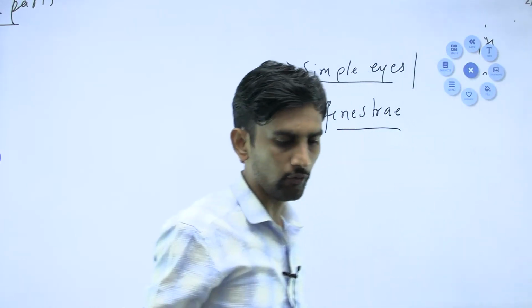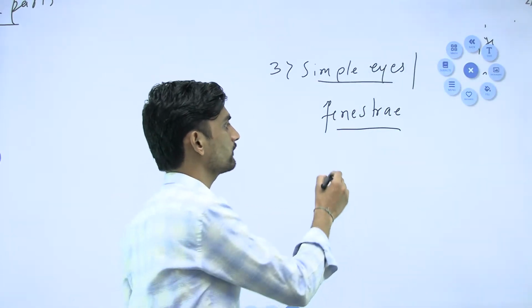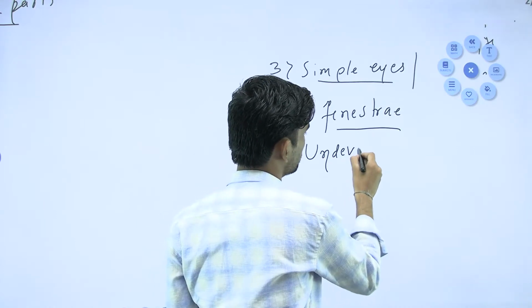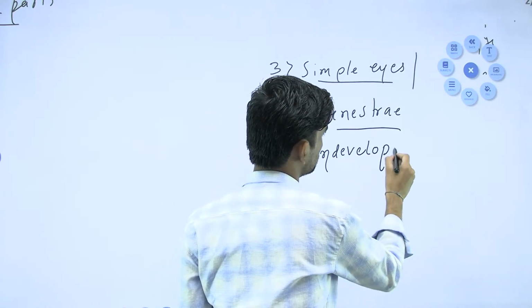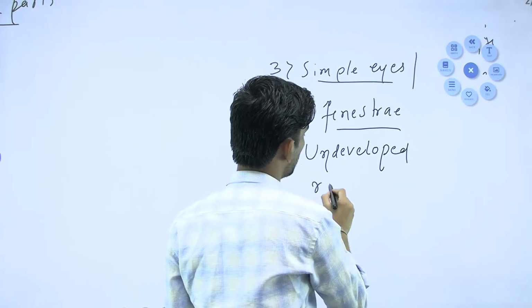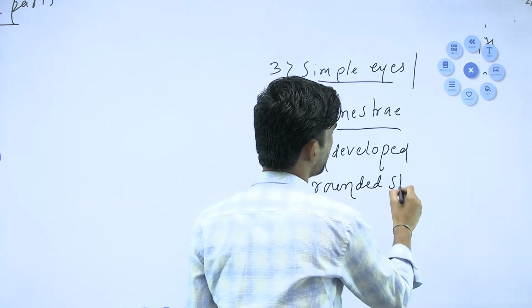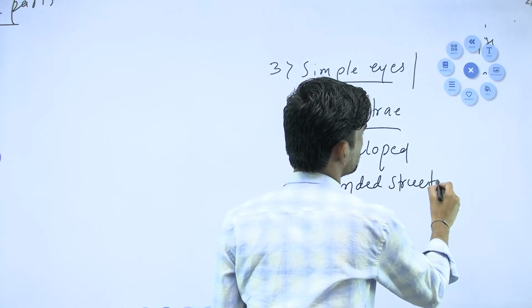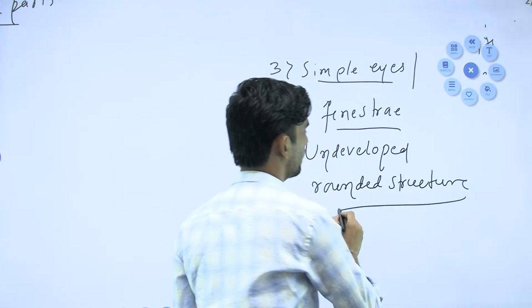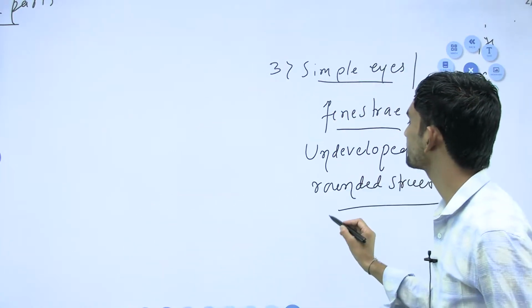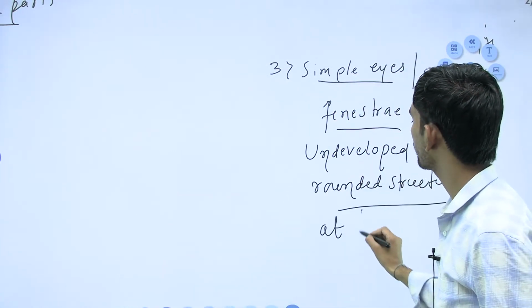What is the important role of fenestrae? These are an undeveloped pair of rounded structures, which you will find exactly at the base of the antenna.